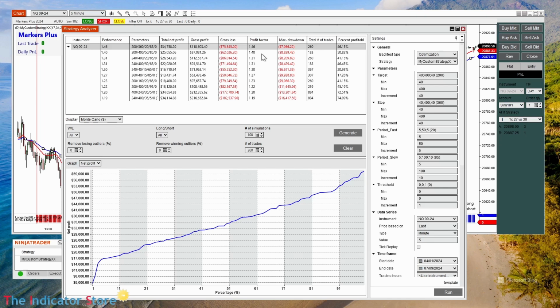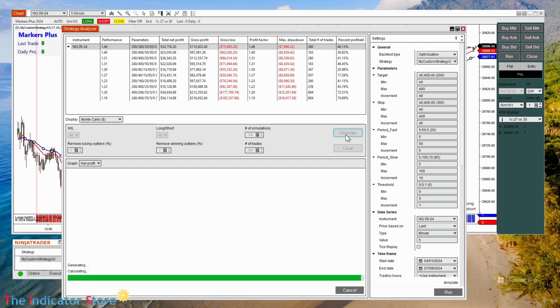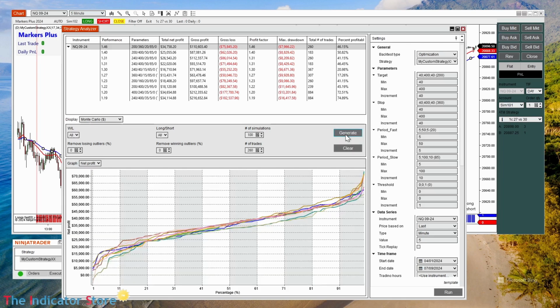Each one of the runs has 260 trades, because they are the same trades. And if you click on generate several times, the curve is different because the random noise is different.